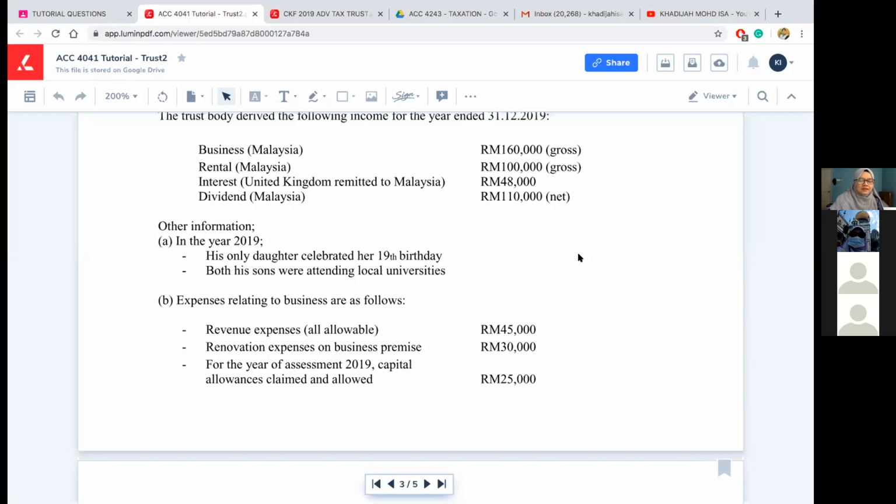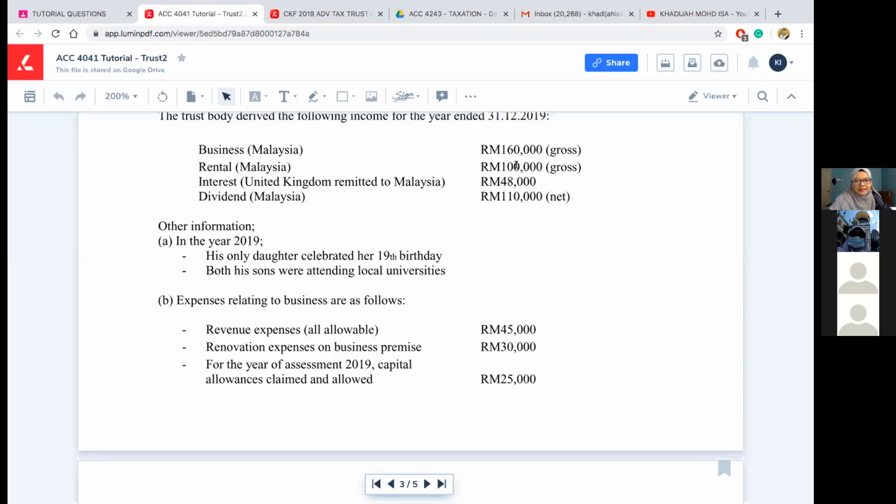Wow. Okay. So you must show me first your section 4A. Then 4C, dividend, right? Yes. Dividend single tier final. And then you also have interest. Interest here is from UK. Dividend from Malaysia is final. And then you do 4D rental income 100,000.